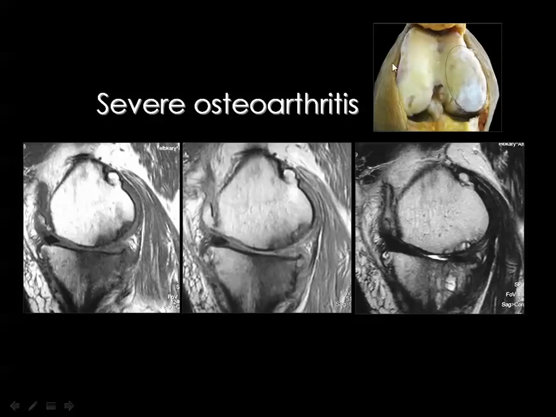And here you can see an arthroscopic picture or cadaveric picture where you can appreciate what we mean by degeneration of the cartilage, or the commonly written word in the report, denudation of the articular cartilage.